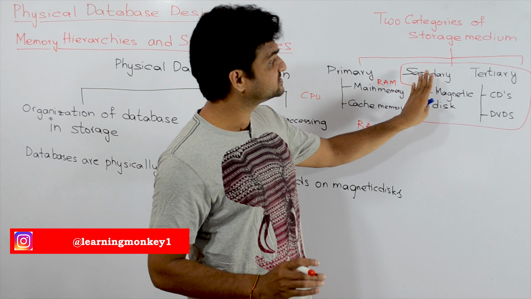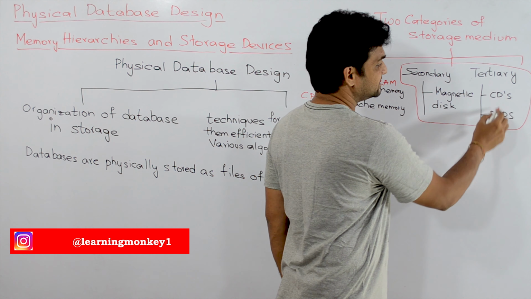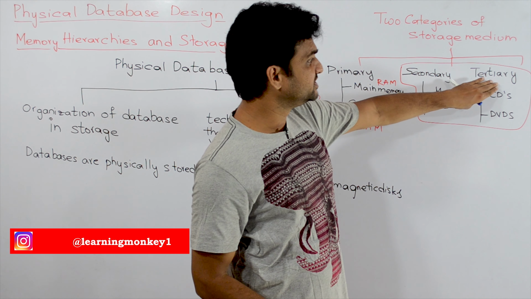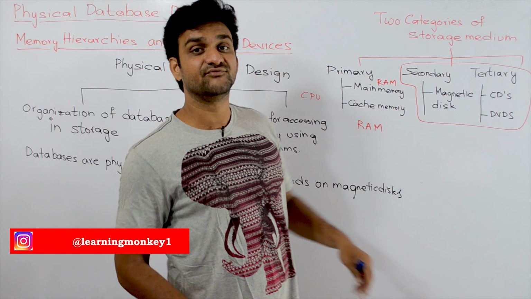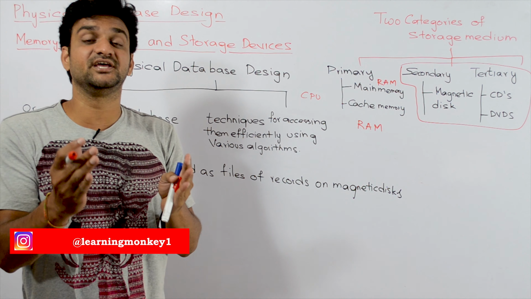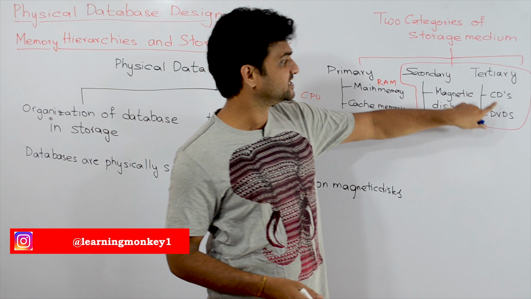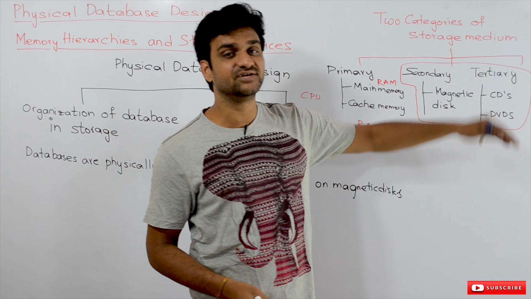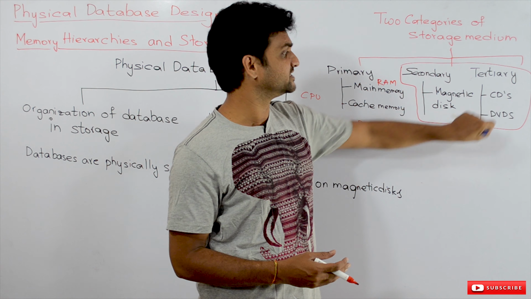Under the second category of memory, we come across magnetic disks and CDs. These days we are not using CDs and DVDs for storage, but in those days the hard disk was very costly, so we used CDs and DVDs, and they were slowly going out of existence.